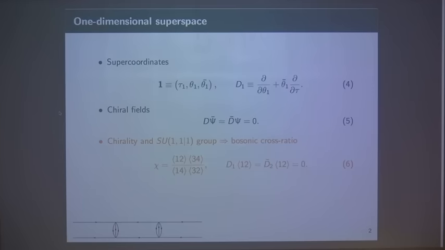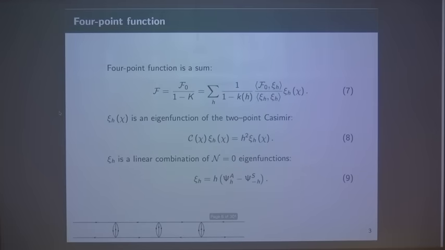And the 4-point function, which we are ultimately interested in, will be bosonic as well. So we can represent the 4-point function as a sum of ladder diagrams, or as a symbolic sum like this. Here, angular brackets represent inner products, and Xi_h are just eigenfunctions of the superconformal Casimir.